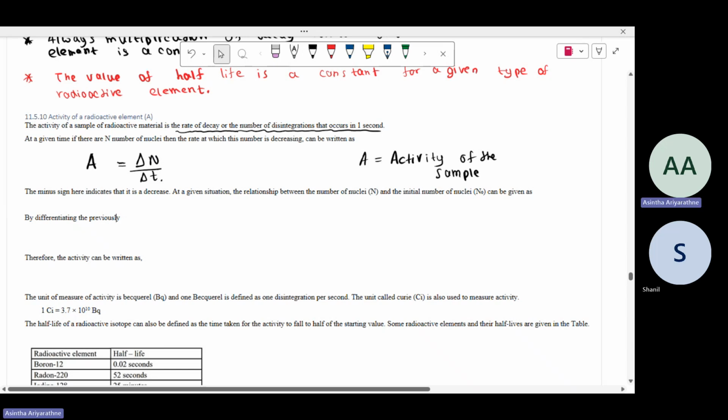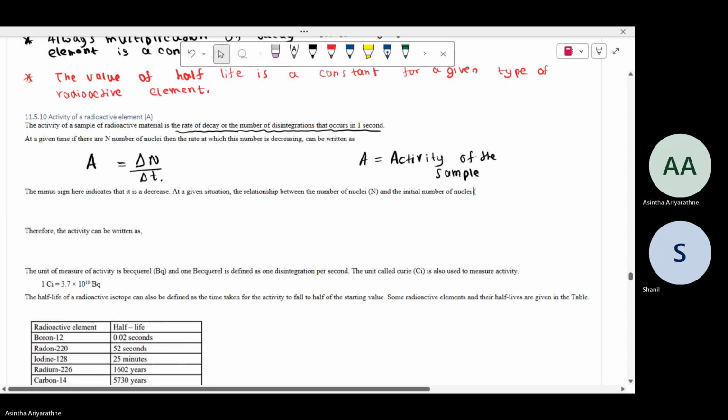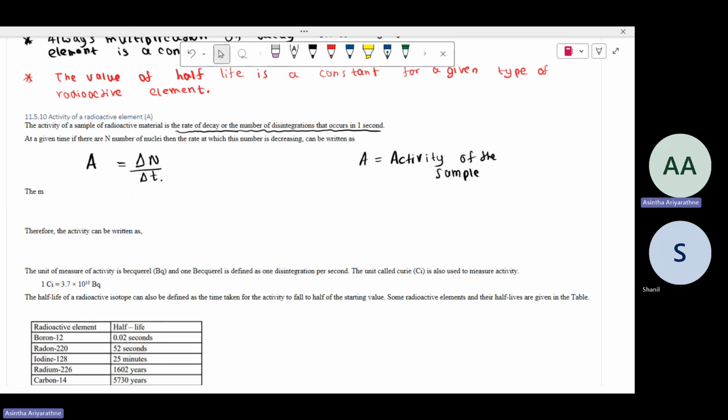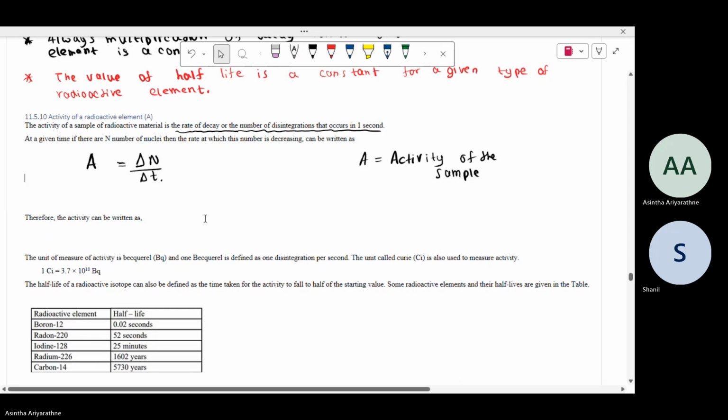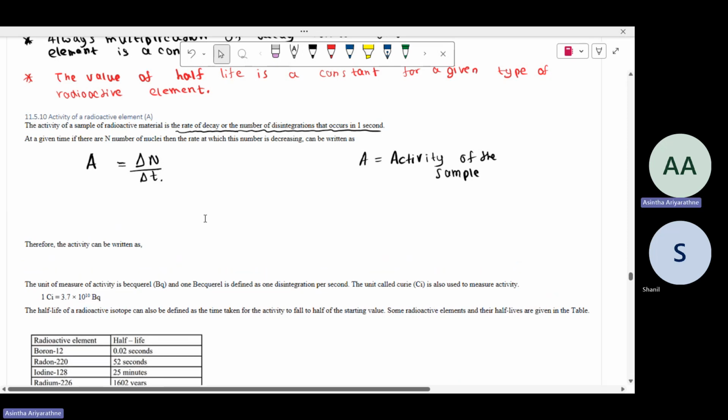Right, so then, we know delta n over delta t is the rate from the disintegration law. We have delta n over delta t is minus lambda n.